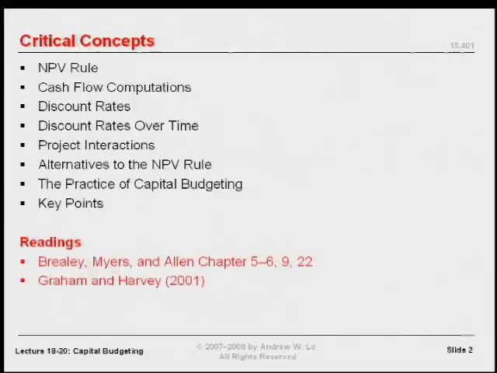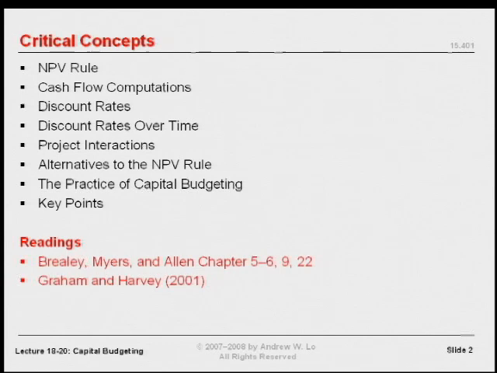So we're going to start with the NPV rule, which is the rule that we developed at the very beginning of this course. It's very appropriate that we end the course with the discussion on this rule, but now with a much more sophisticated understanding of how to apply it. I'm going to talk about cash flow computations because it'll turn out that cash flows are what you need to discount with NPV, not accounting earnings, which have all sorts of conventions that are not necessarily realistic or relevant for economic decision making.